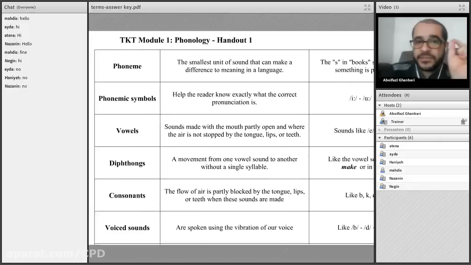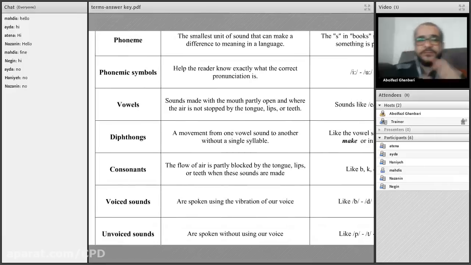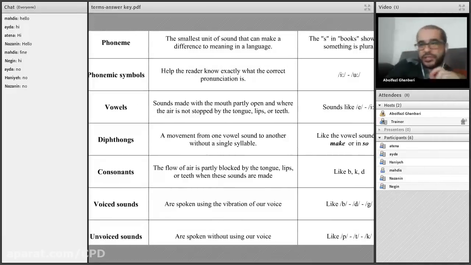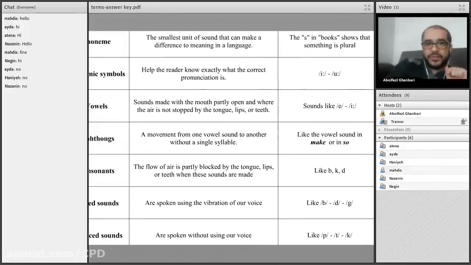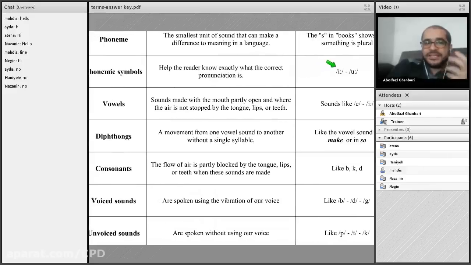So the smallest unit of sound is phoneme. We have some phonemic symbols which we use mostly in dictionaries to show that phoneme sound. For example, these are phonemic symbols that you have seen in different types of dictionary, that each of them represents a sound.